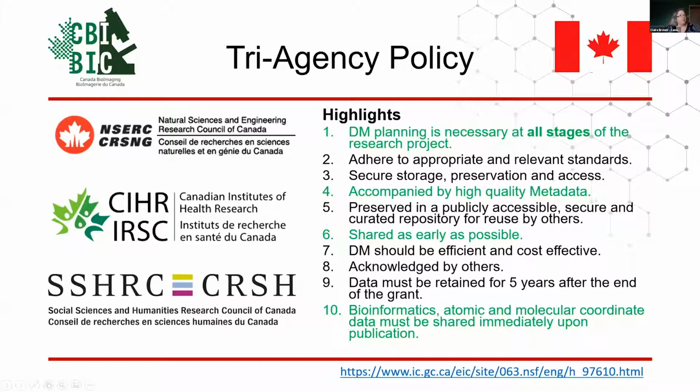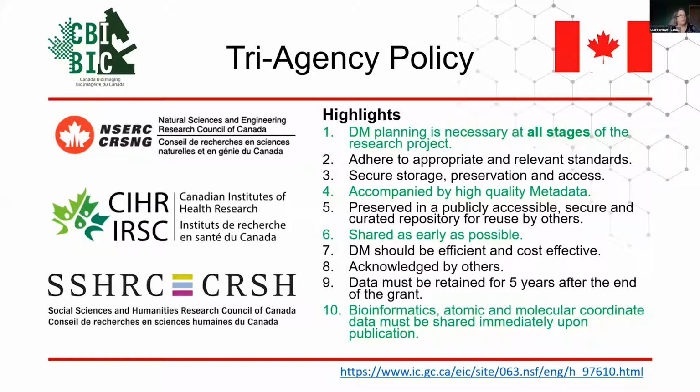So as I mentioned, I'm focusing a little bit more on the policies that are out there for Canada and the US. So in Canada, we have 3 federal granting agencies for natural sciences and engineering, health research, and social science and humanities. And they have a shared policy on data management. And I won't go through all these bullet points, but just to highlight a few.